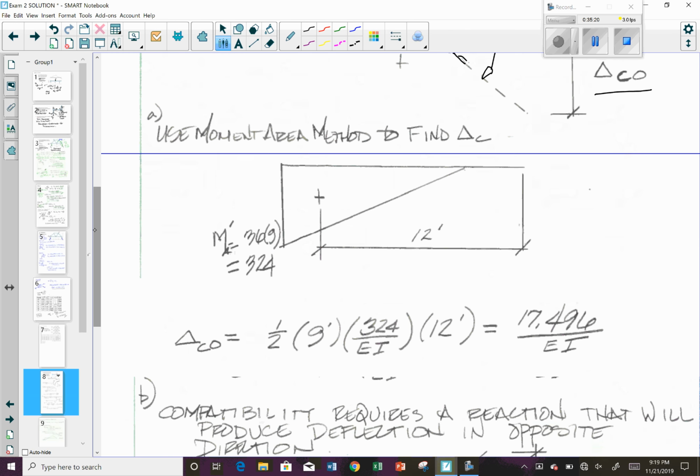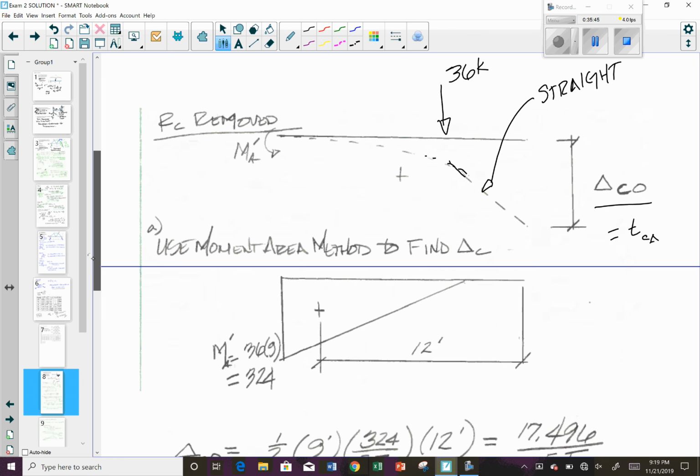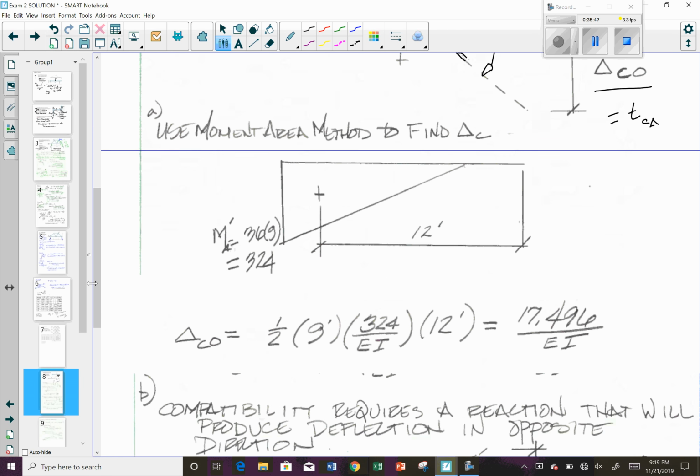And so this deflection is equal to your line drawn from a tangent at C with respect to A. So this is going to be the moment about C with respect to A. What that's going to be is the moment of the moment diagram.